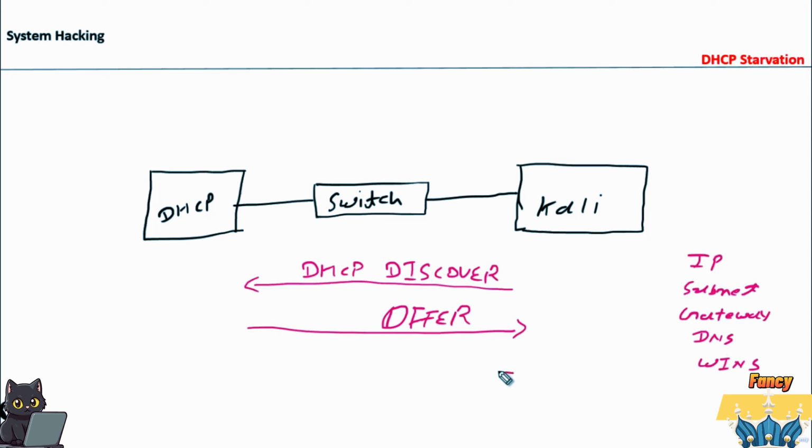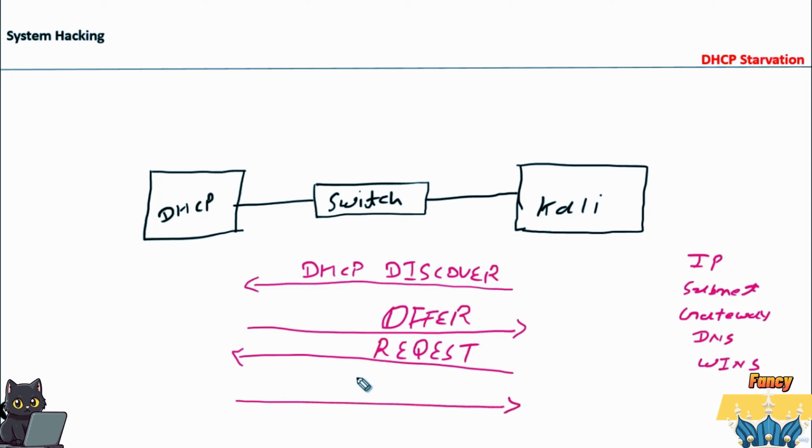When the client receives the offer message, it sends a DHCP request message to the server. And when the DHCP server receives the request message, it sends a DHCP acknowledgement packet with the IP address, subnet mask, gateway, DNS, and WINS server configurations. Sometimes it's also known as the DORA process.